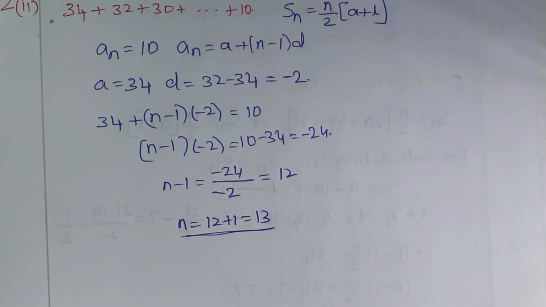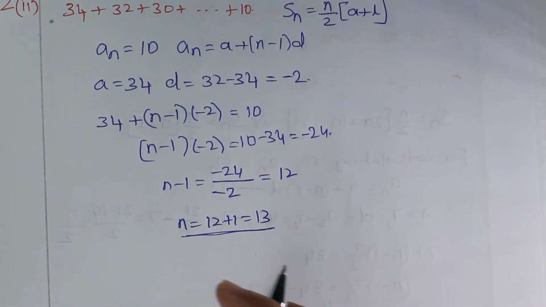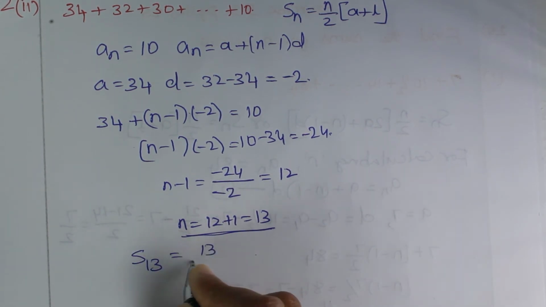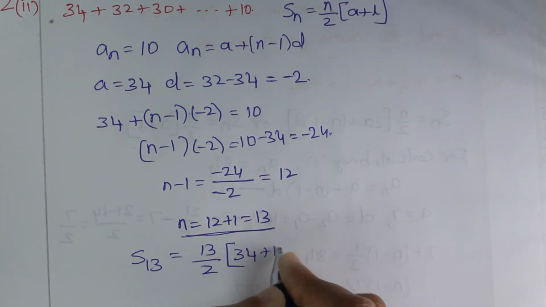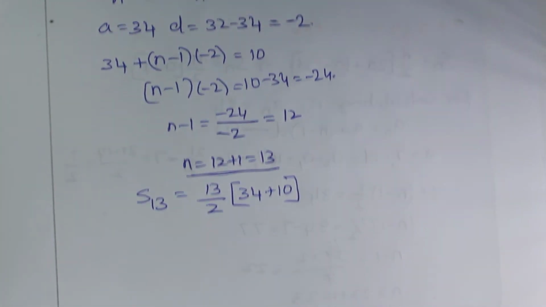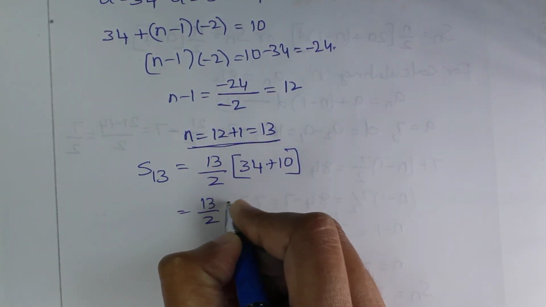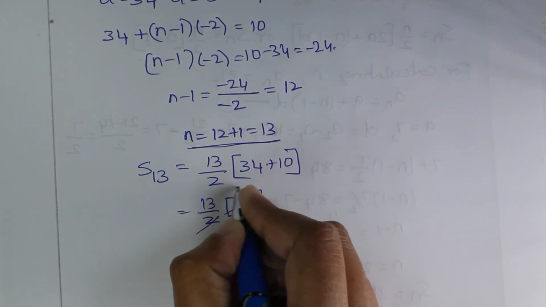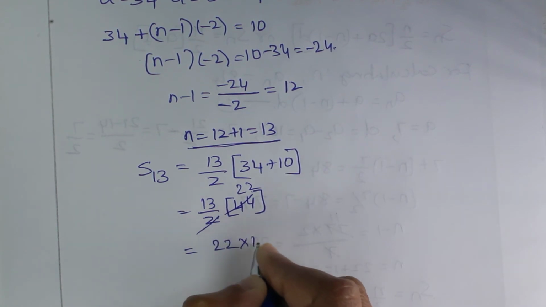Now let's substitute the values in this formula. Sn is equal to n by 2 into a plus l. So S13 is equal to 13 by 2 into a is 34 plus l is 10. That is equal to 13 by 2 into 44. 2 ones are 2, 2 twos are 4, so 22 into 13.